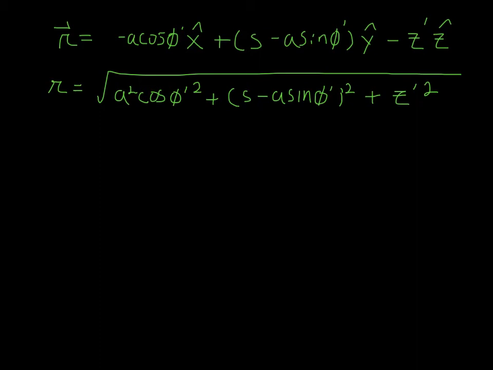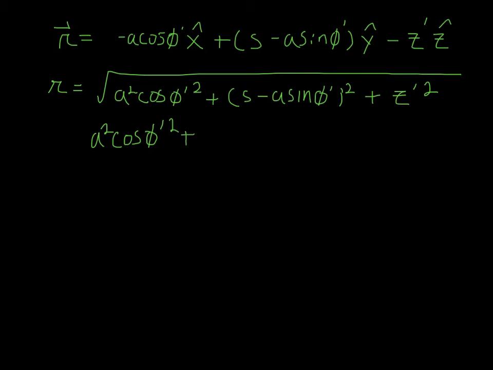let's do this first. So we have a squared, this is just inside, cos phi prime squared. And now from the other term here, I'm getting a squared sine phi prime squared, and that's actually going to simplify. So this is all under a radical. I'll draw that radical at the end.